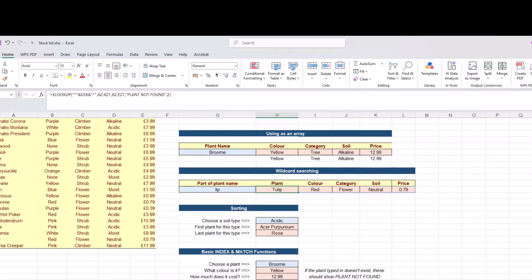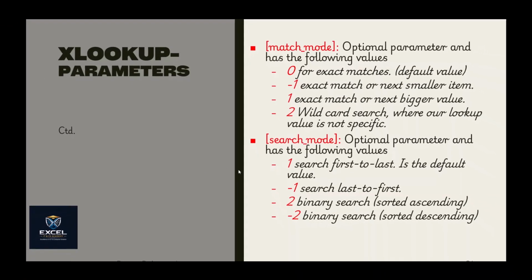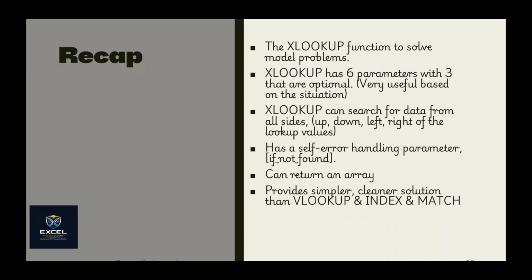All right, ladies and gentlemen, thank you for watching this video. It's been long. In this video, let's do a very quick recap. We have seen the XLOOKUP function to solve or model problems. We have seen that it has 6 parameters with 3 optional ones, which are equally useful based on what you want to do. The XLOOKUP can search for data from all sides, up, down, bottom, wherever.